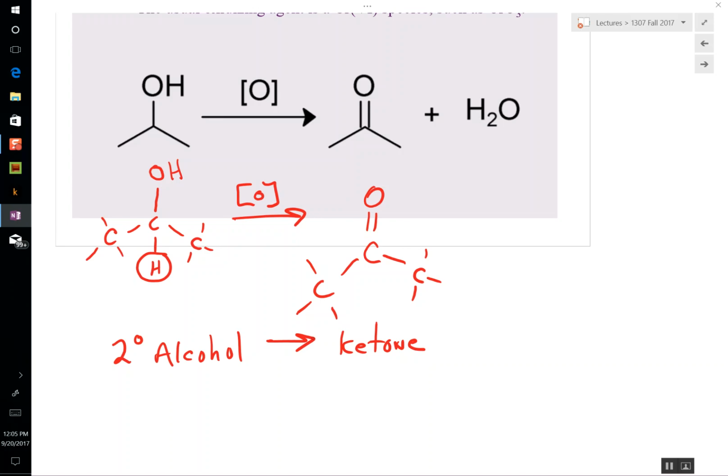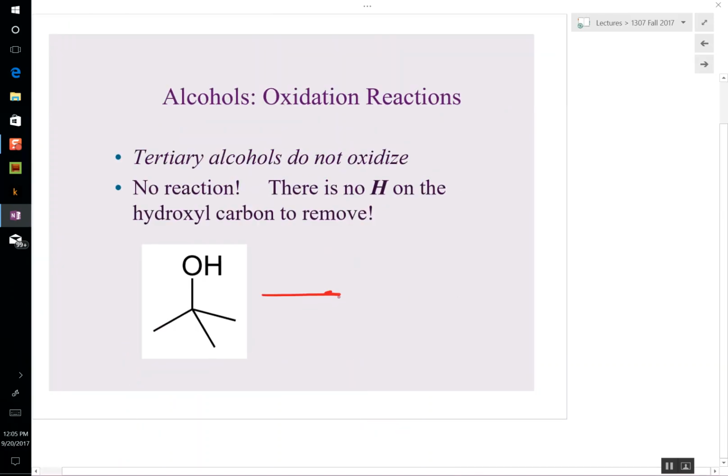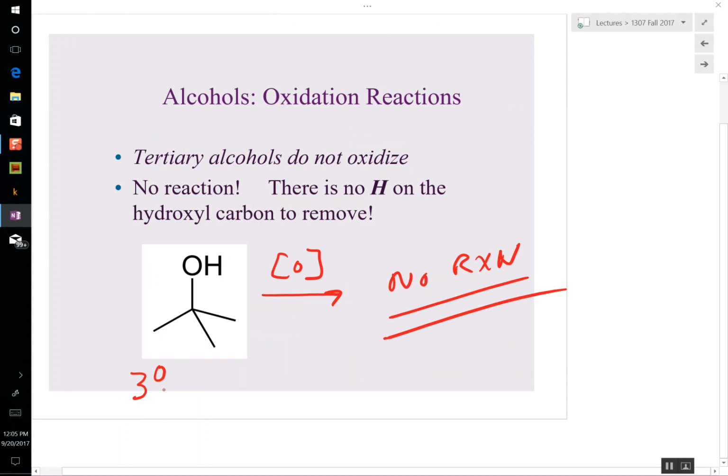All right, now the tertiary alcohol, you're going to like this, if you haven't liked anything yet. No reaction. Can't oxidize. Tertiary alcohol, no reaction with an oxidizing agent. So tertiary butyl alcohol with potassium permanganate? Nothing happens.